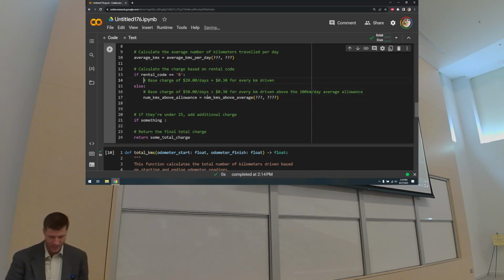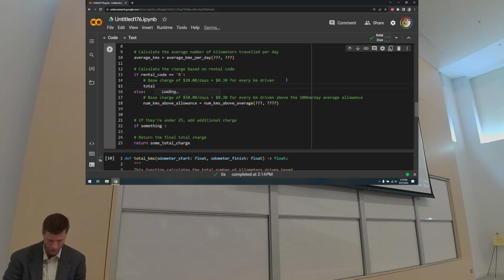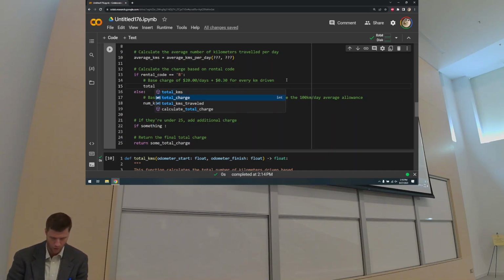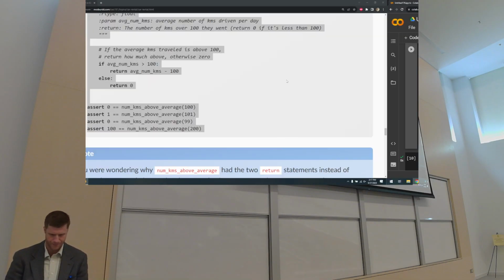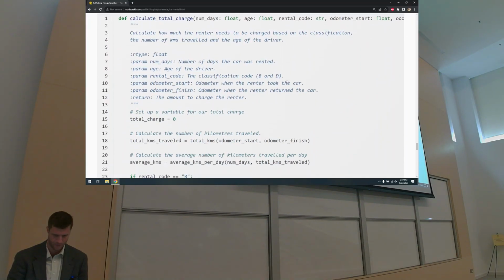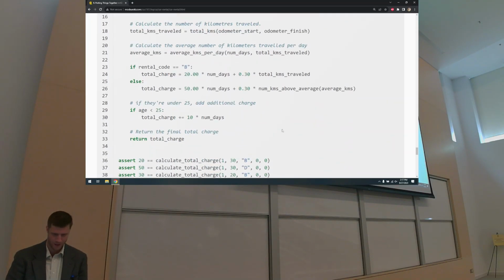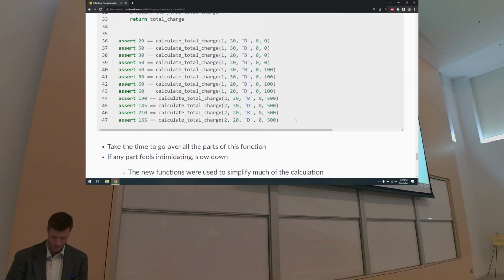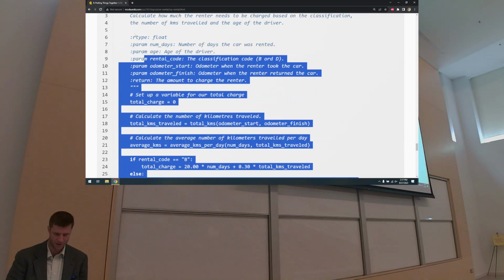And if that's the case, look, the total charge, yeah, maybe, it's not looking too bad. So here, I'm going to go here. Copy all this code, because now this is the final working version.